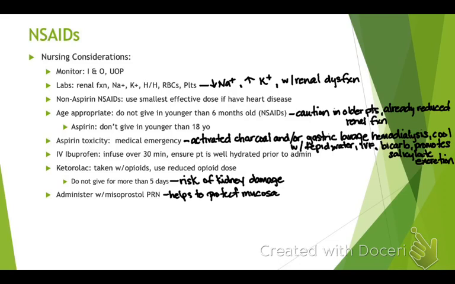Do not give it for more than 5 days because of the risk of kidney damage. And you want to administer it with misoprostol PRN because it will help to protect the mucosa, since if it is a COX-1 inhibitor, it will have GI or mucosa effects that are part of the mechanism of action with this medication.